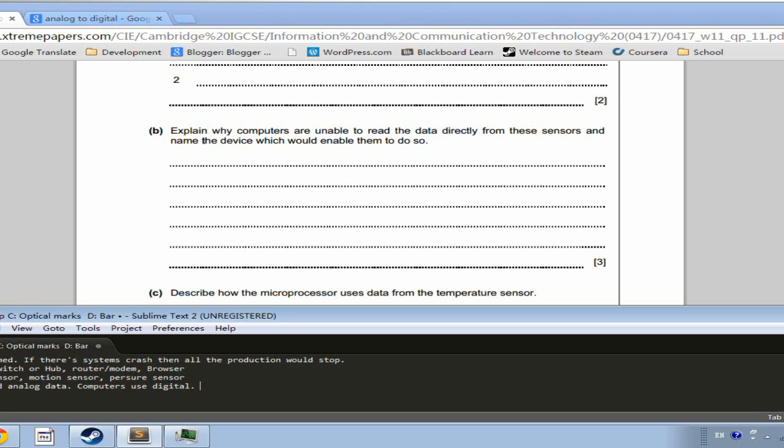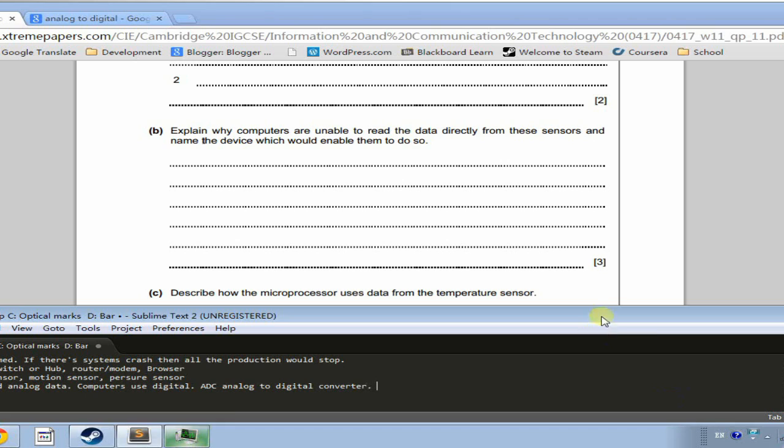To convert them, we would need what is called an ADC, which simply means analog to digital converter.